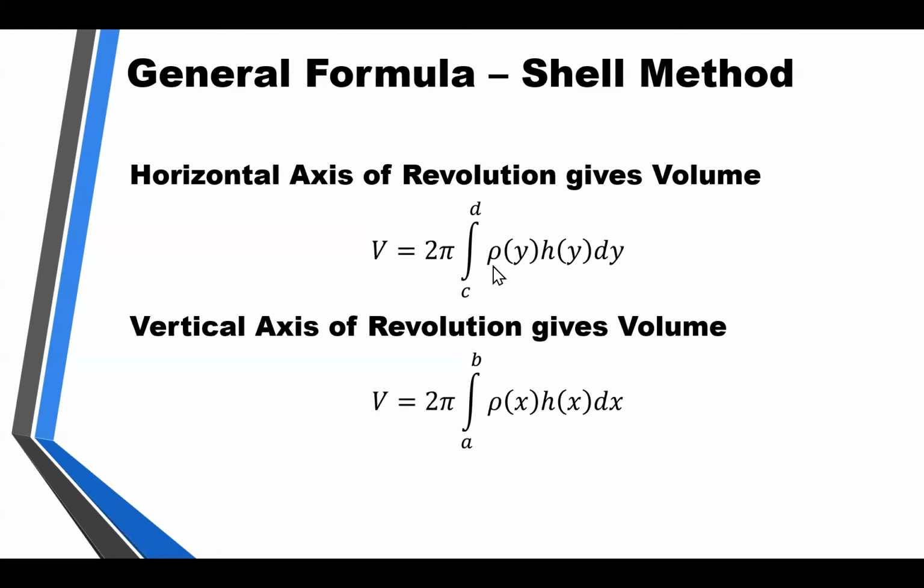So that radius, again, rho is the Greek letter that we're using, times height, integrated from C to D and then multiply times 2 pi. Again, 2 pi because that's the distance around, and then radius gives you the radius, length, and then the thickness goes away because we're integrating with respect to y, and that integration is where my thickness is going to go smaller and smaller and smaller until we get to 0.